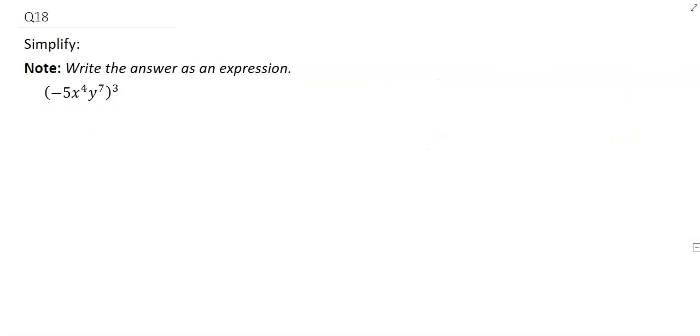Oh, another one. On this one here, let's see. The first exponent rule that I know that I can use here is that if I have two terms multiplying each other, and they go in a power, I distribute the power.